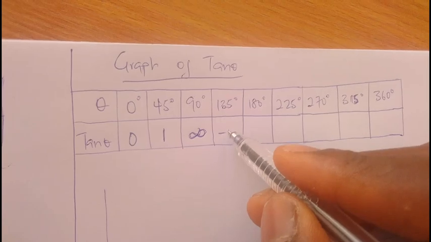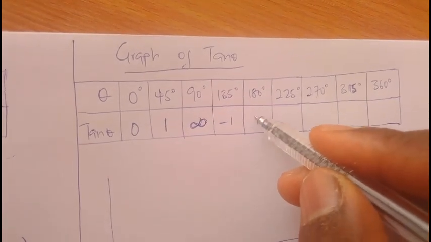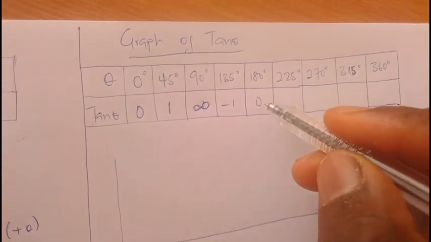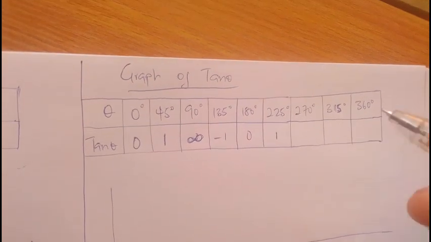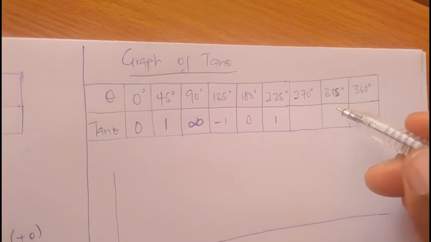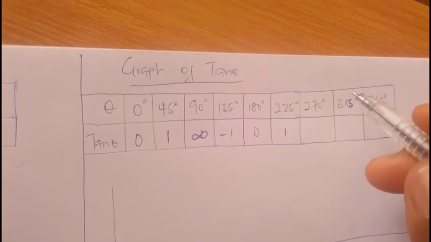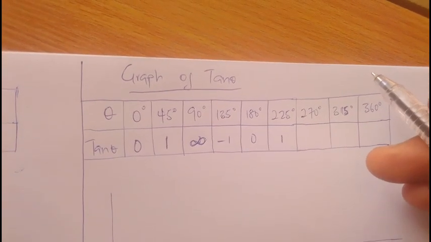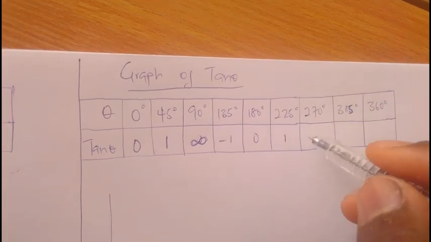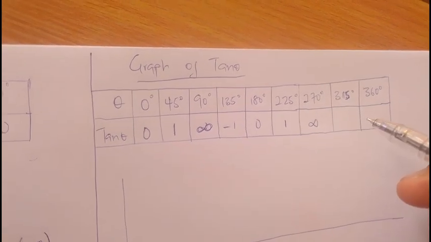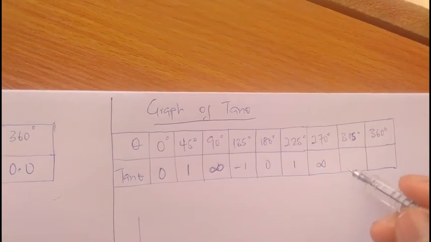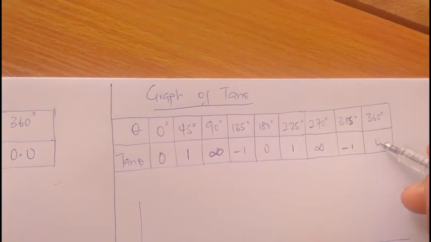Tan 135 is minus 1, tan 180 is 0, tan 225 is 1, tan 270. Tan 270 will give you a huge number, 1000 times 10 raised to power 96, which relatively does not have a value on my graph. It means it continues. So this is also similar to infinity. Tan 315 is minus 1, and tan 360 is what?